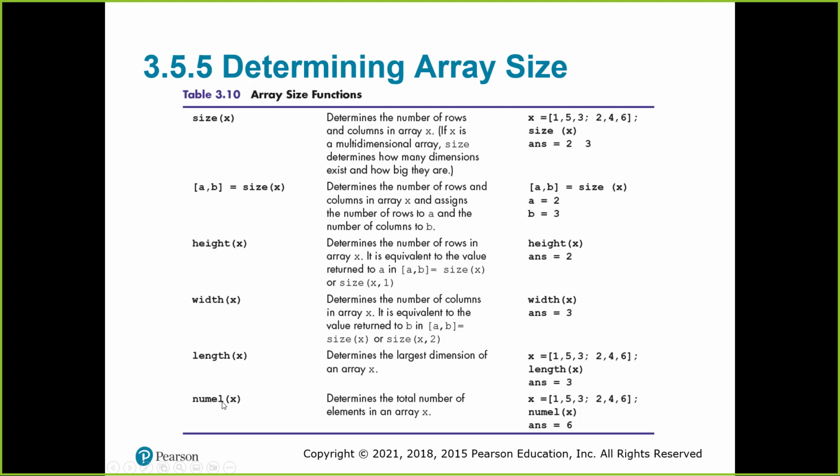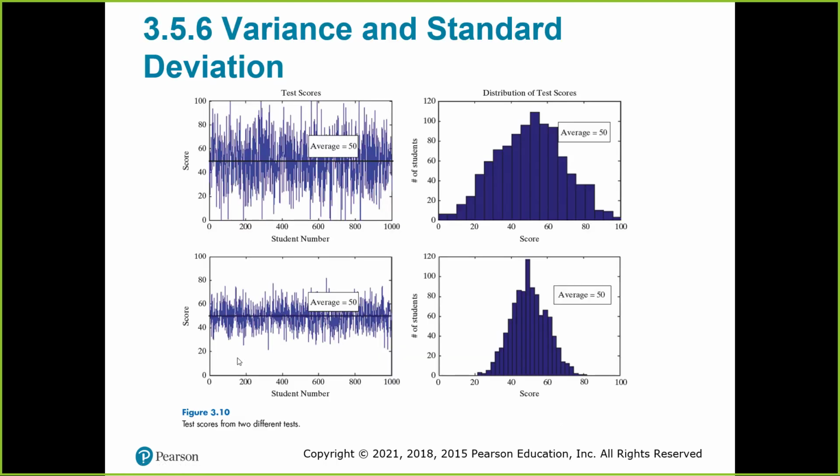Numel tells you the number of elements in your array. So I guess height is how many rows, width is how many columns, length gives you the largest dimension. So, okay, here we get into statistical stuff, the variance and standard deviation.